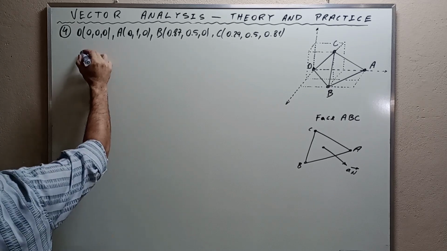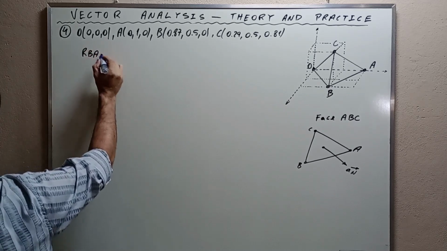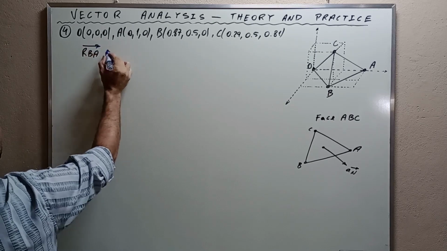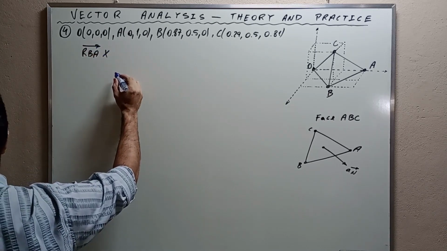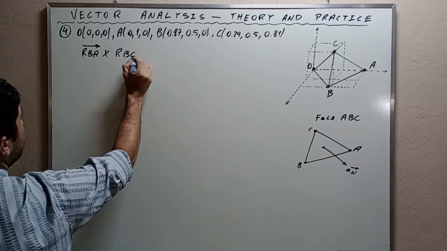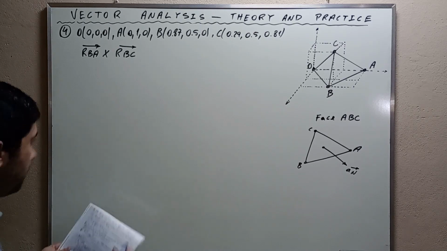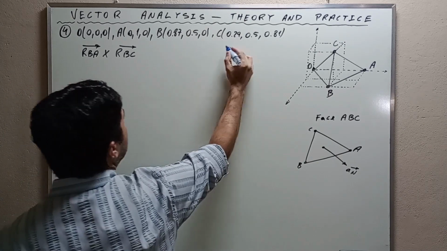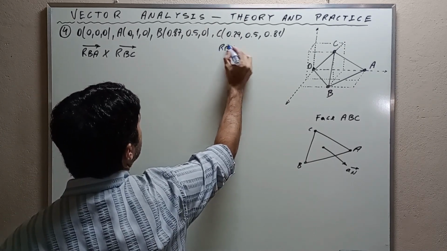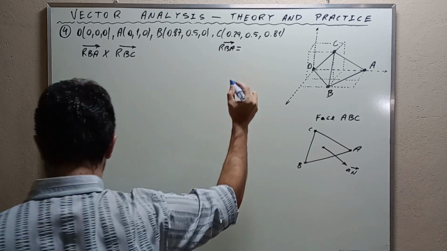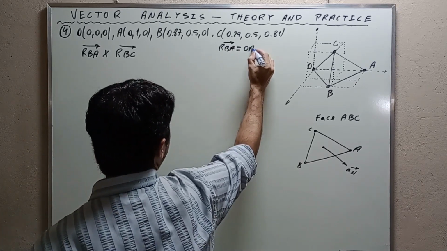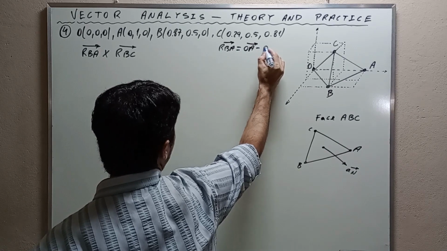Okay, RBA in a cross product with RBC. And RBA, as we did before, can be understood as OA minus OB.